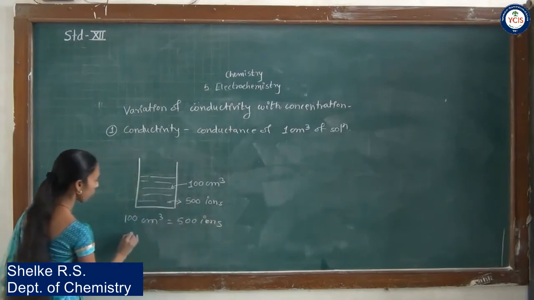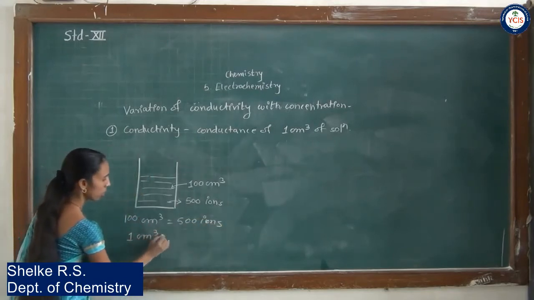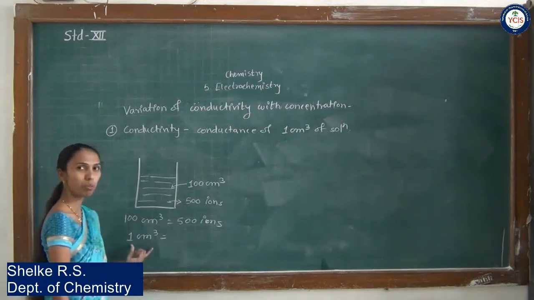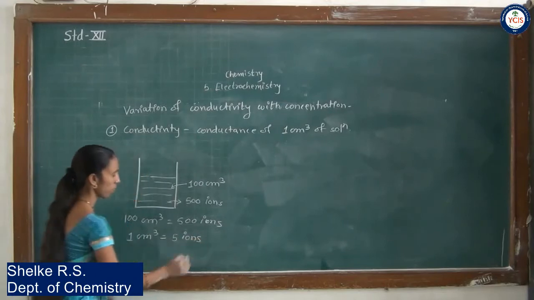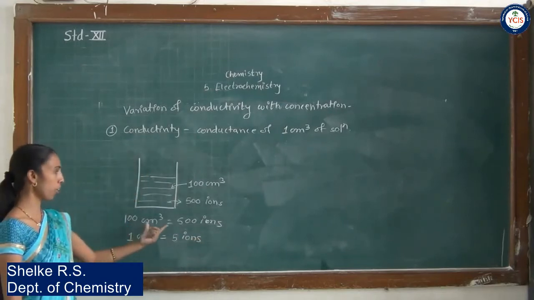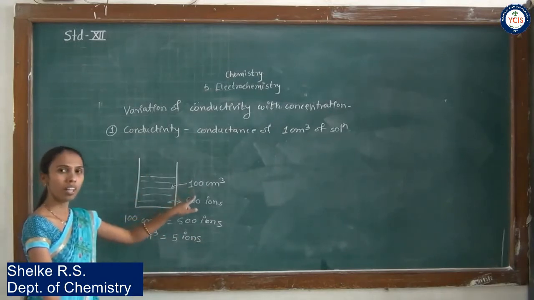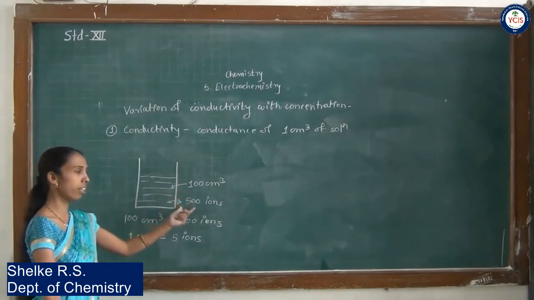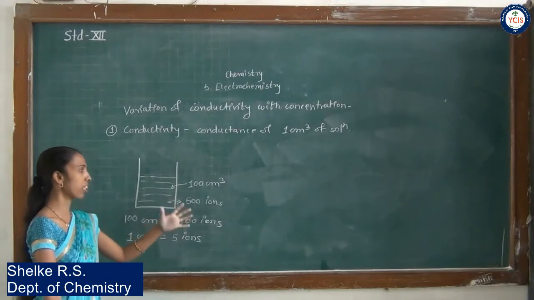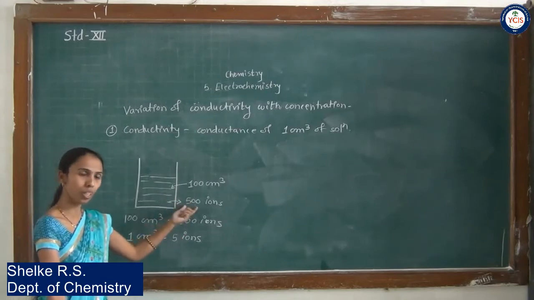So 1 cm³ will contain how many ions? 1 cm³ will contain 5 ions. Okay. I hope you understood this. We have taken the solution of 100 cm³. In that we have considered here only it will contain the 500 ions.